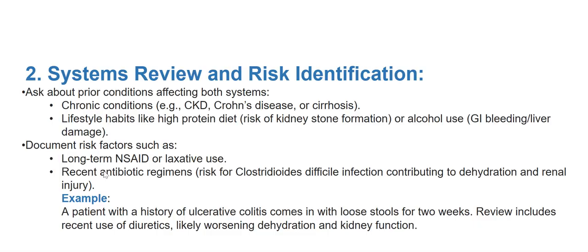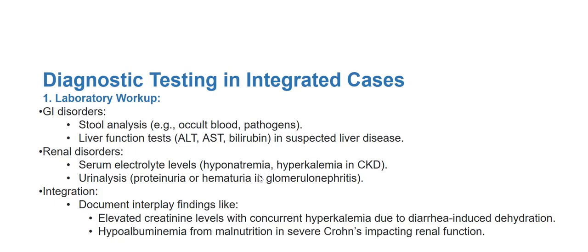Document risk factors such as long-term non-steroidal anti-inflammatory drug or laxative use, recent antibiotic regimens, risk for Clostridioides difficile or Clostridium difficile infection contributing to dehydration and renal injury. Example: a patient with a history of ulcerative colitis (UC) comes in with loose stools for 2 weeks. Review includes recent use of diuretics, worsening dehydration and kidney function.